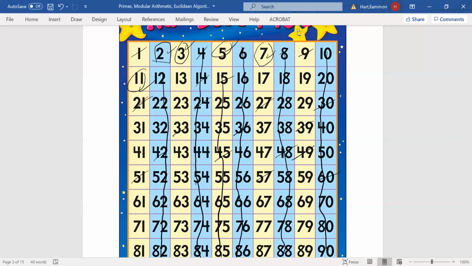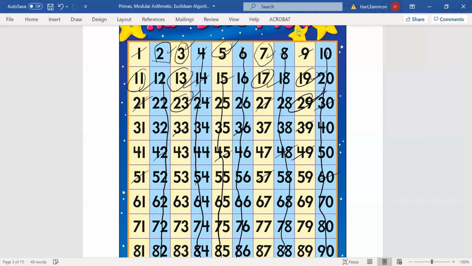Now I would go through and check 11, and check everything that I said I was going to do up to 60. Everything's already been crossed out. It's going to be the same thing for the remaining primes: them times all of the lower primes is already done.